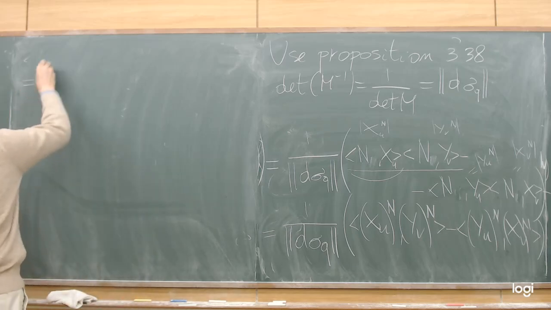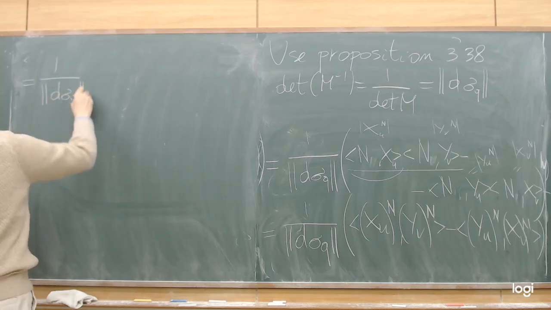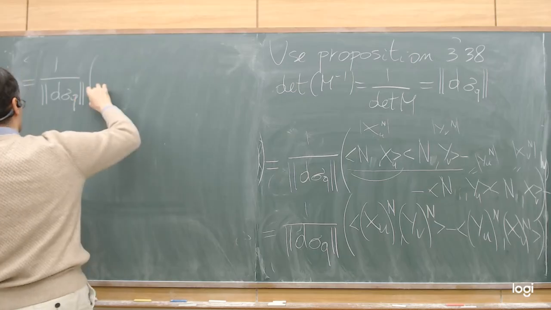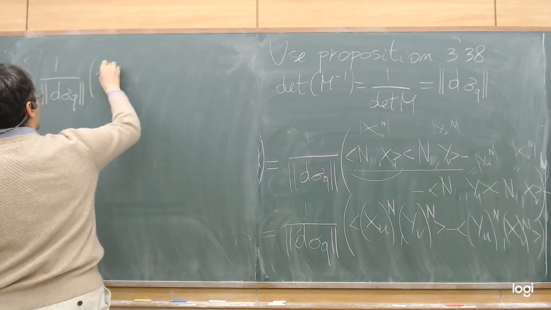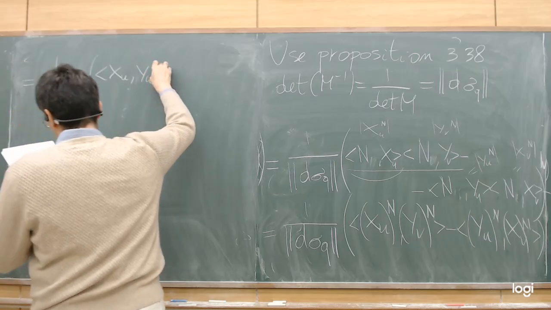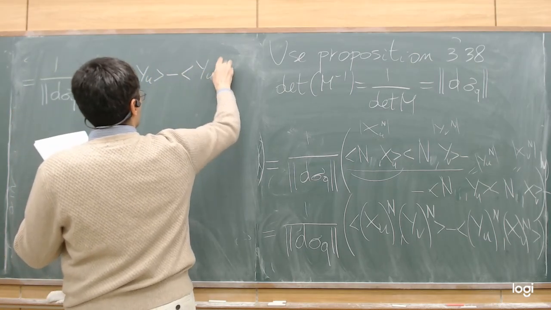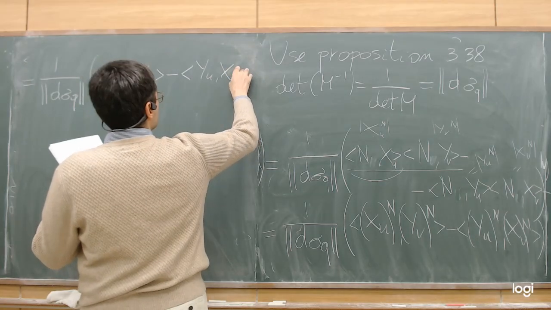Because this is equal to 1 over area distortion of sigma times x_u y_u minus y_u x_v.